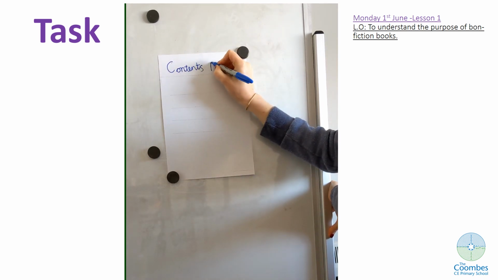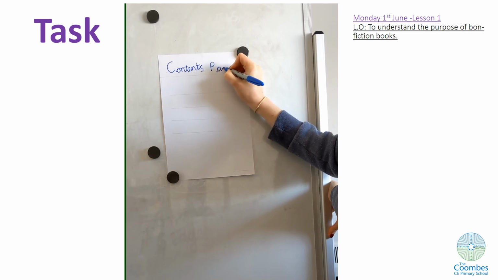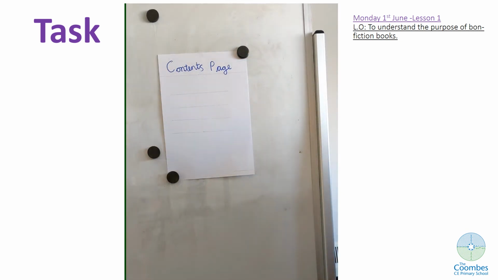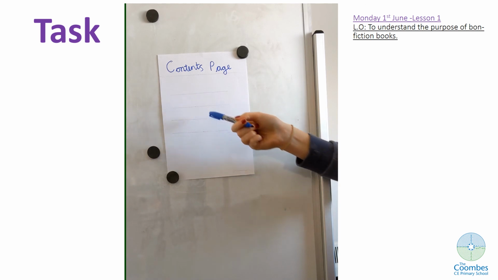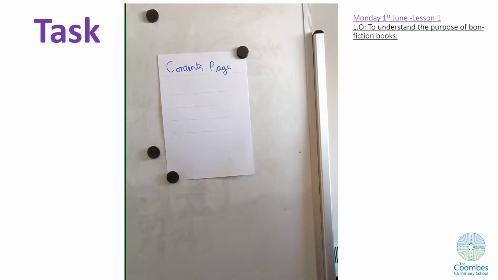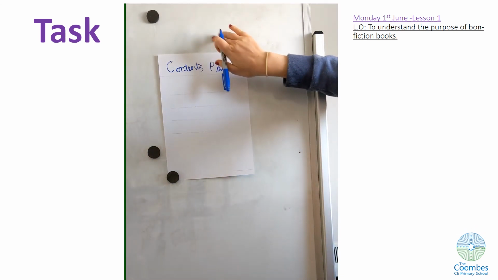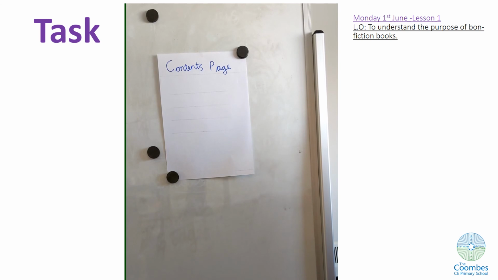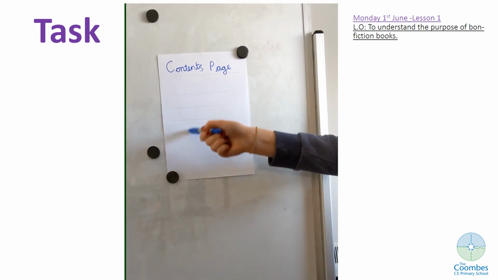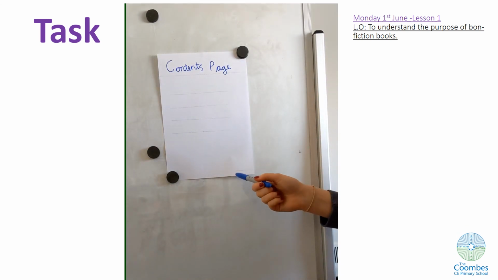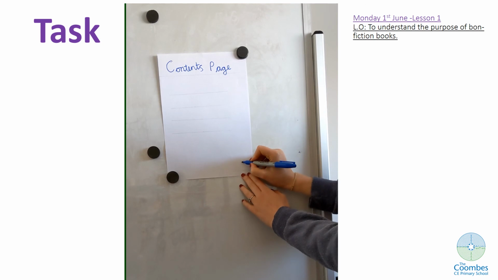Contents page. And then I don't know what pages I will be adding into this book yet, because I haven't learnt the facts about the solar system and I haven't decided which facts I like the most. So I'll be filling this in as the week goes on, but I can add in the page number. So this will be the first page of my book, so it will need to be the number 1.